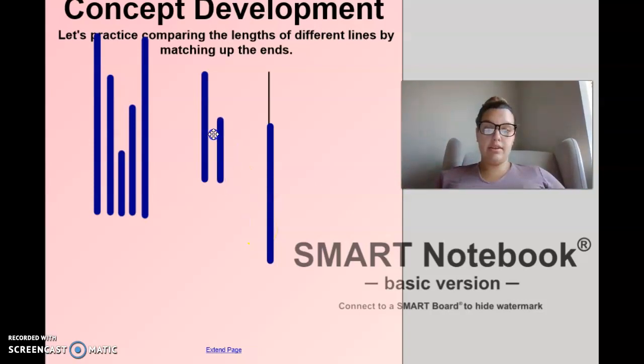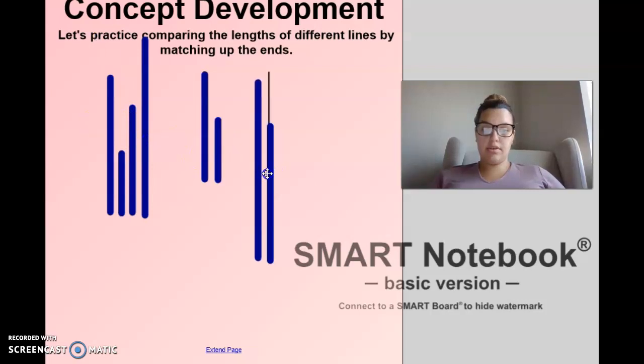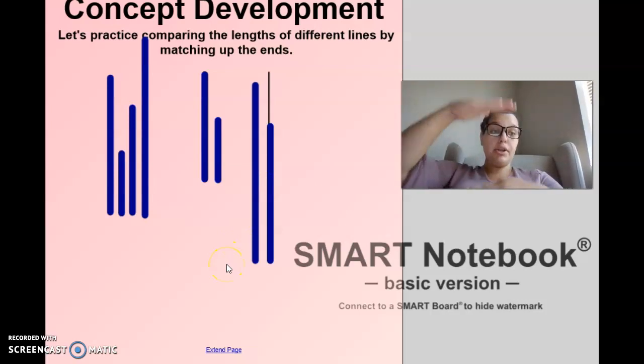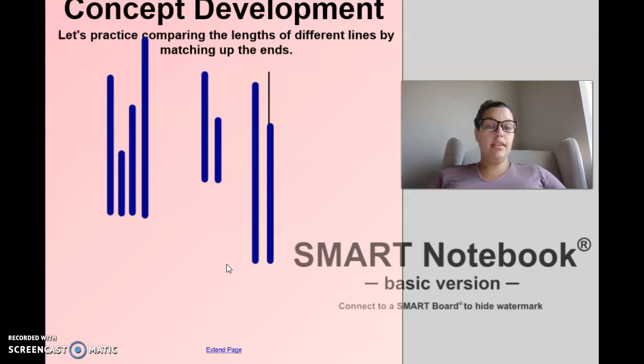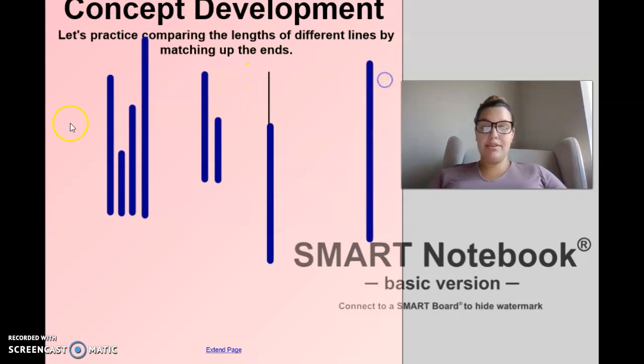Very good. I just brought over another string. Is that taller or shorter than the string we're comparing it to? This string is taller. Look at how much more string we have on this one. It is taller.